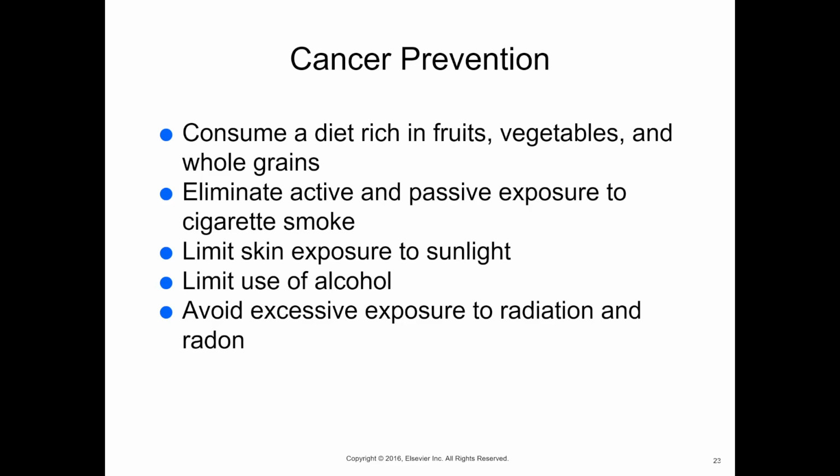You want to avoid inhaling just about anything that is a solid, right? Our lungs do not do well with solids in them. Exposure to sunlight, specifically UV. Too much UV results in development of the skin cancers. Alcohol use is horrible as a risk for cancer. And then again, radiation and radon.